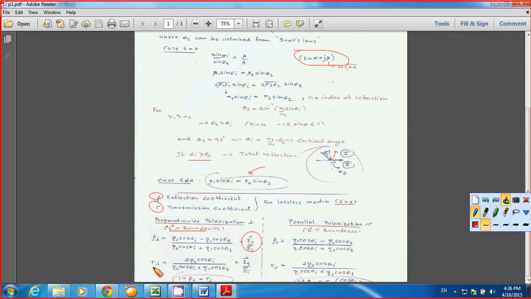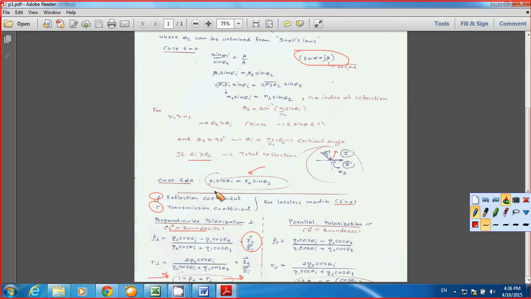And for the transmission coefficient, it still has 2 eta 2, but you have some factor of cosine of the incident angle and transmitted angle here, and that still becomes the ratio of transmitted electric field to incident electric field, and the relation 1 plus rho perpendicular equal to tau perpendicular still applies.